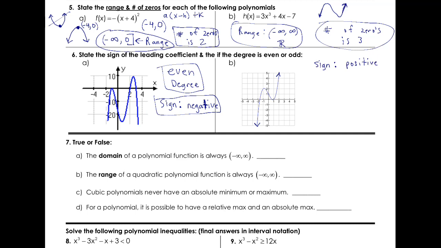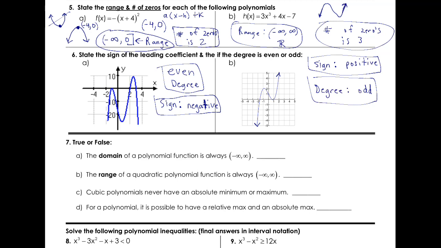And then the degree is odd. If you want to count your degrees, start from the arrow: up 1, down 2, up 3. 3 is an odd number. Sign is positive because it starts down, up, and that's the default.